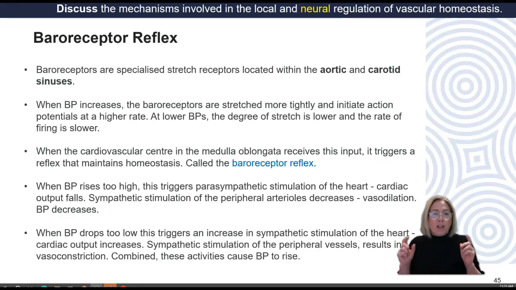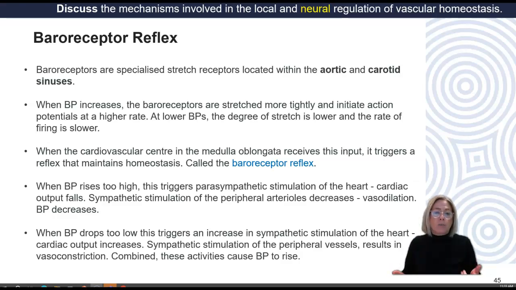When your blood pressure rises too high, this triggers parasympathetic stimulation of the heart. That makes sense, yeah? Cardiac output falls in response. Sympathetic stimulation of the peripheral arterioles decreases, which leads to vasodilation. The net effect of all of that is that your blood pressure decreases and returns to homeostatic levels.